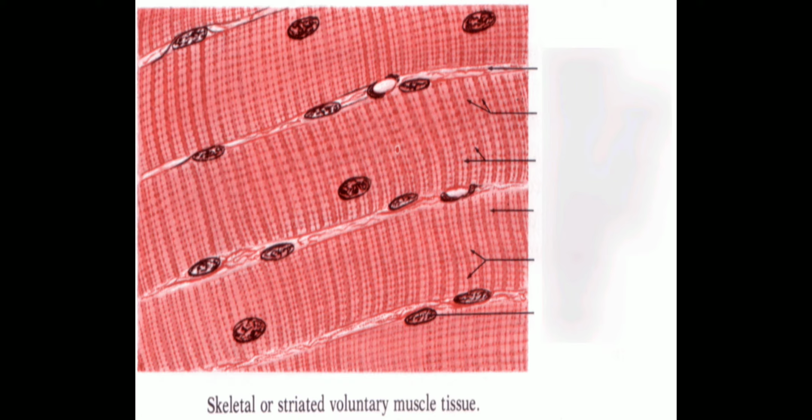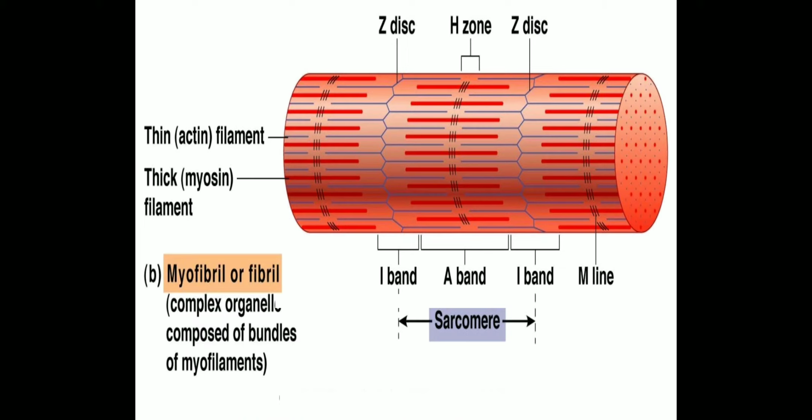Each myofibril is made up of a repeated functional unit that is called sarcomere. Now, if you see the structure of sarcomere, you will find each sarcomere has a dark band and a light band. The dark band is called anisotropic, or you can say A band, which is present in the center.